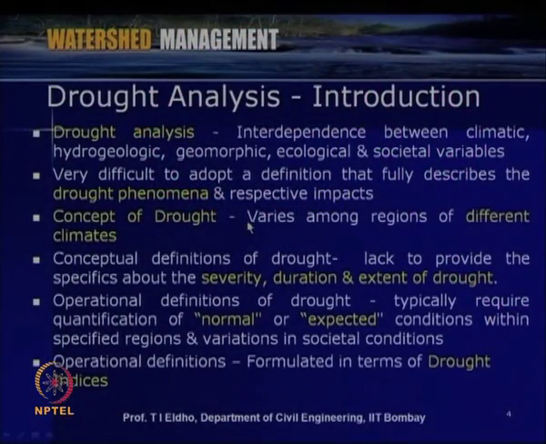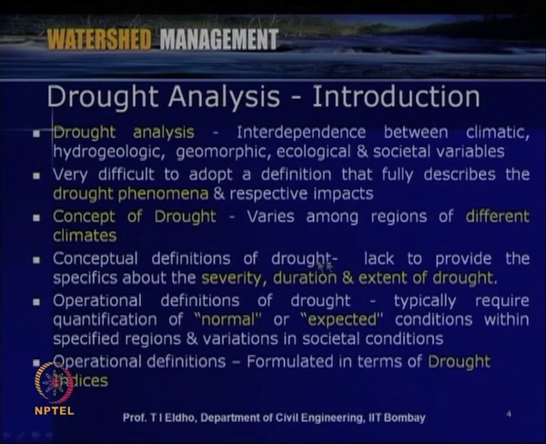So, that way we have to see the interdependence of various parameters or variables, and then come up with the conceptual definitions of drought, with respect to the area, with respect to the hydrogeological parameters, and then the severity of the drought, duration and extent of drought.